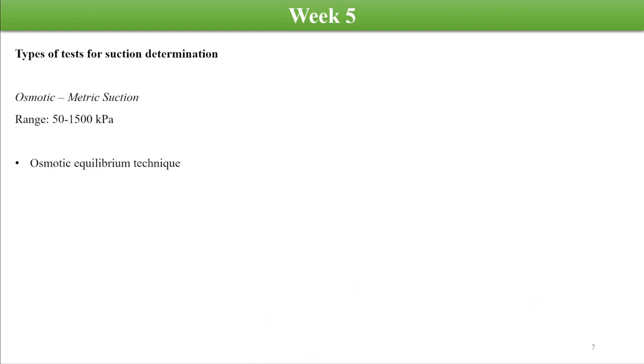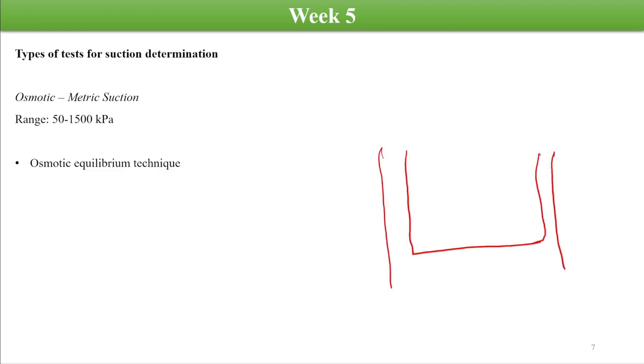Then other techniques are like the osmotic pressure technique. In these techniques we can measure matrix suction at a higher level, like 50 to 1500 kPa. These techniques are mostly used for sandy or maybe some silty soils in which the matrix suction is not very high. In the osmotic pressure technique we have a solute in the solution here, and we have soil here.